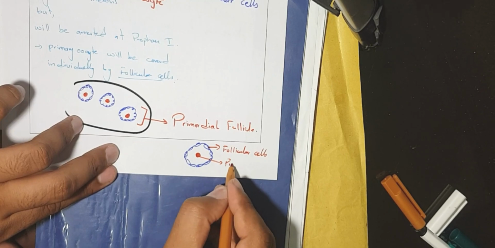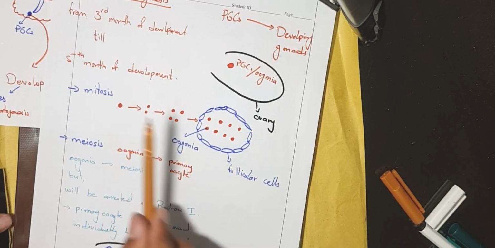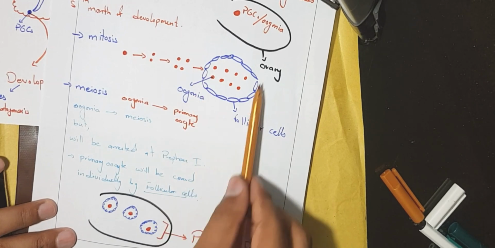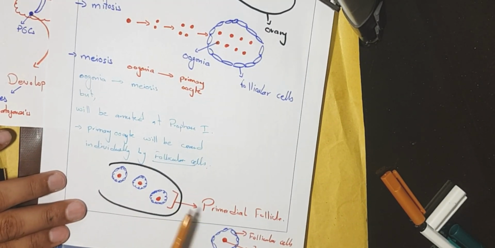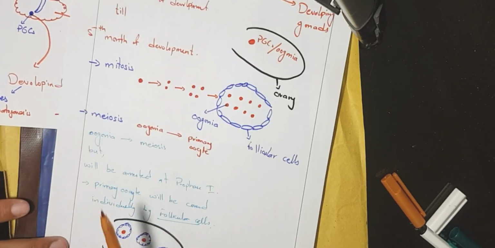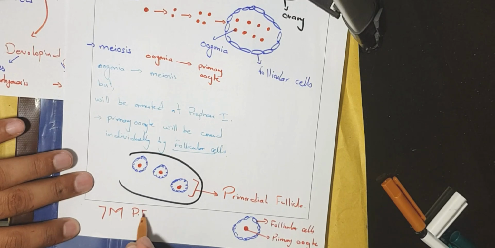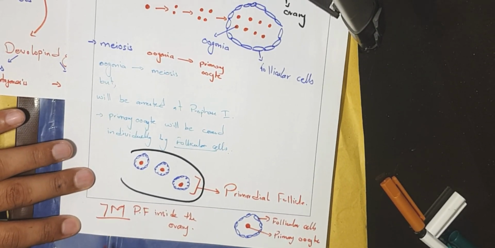All of this has happened till the end of the 5th month. They have completed mitosis and meiosis. At the end of the meiosis, at the 5th month, we have 7 million primordial follicles inside the ovaries.